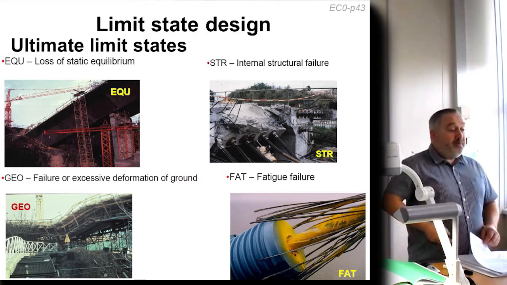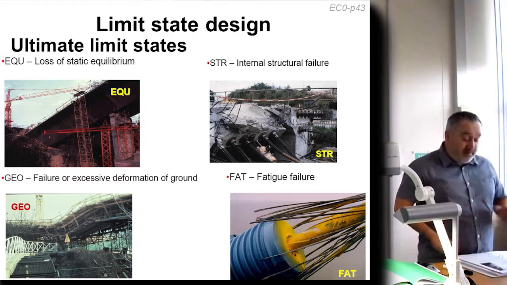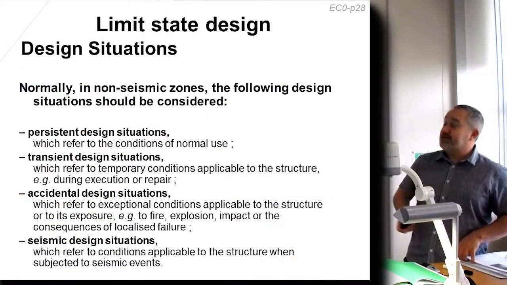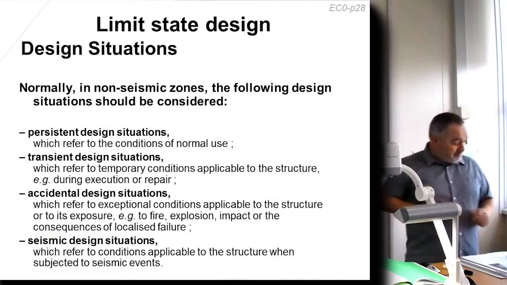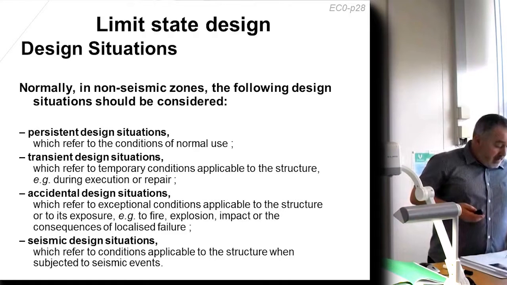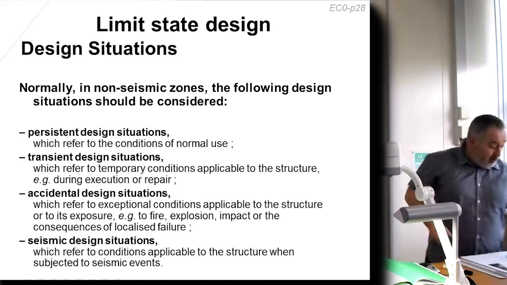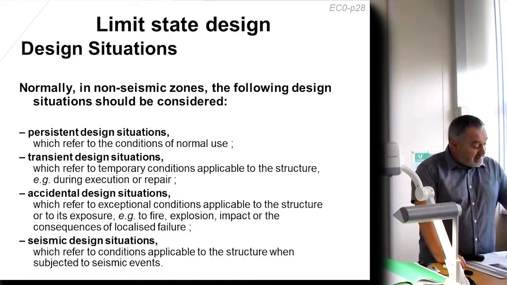Hopefully by the time we do some calcs, some of this stuff that I'm saying all makes sense. I haven't mentioned design situations because all of these are split into 4 different ones: persistent design, transient design, accidental, and seismic, but I'll just skip past all of that.